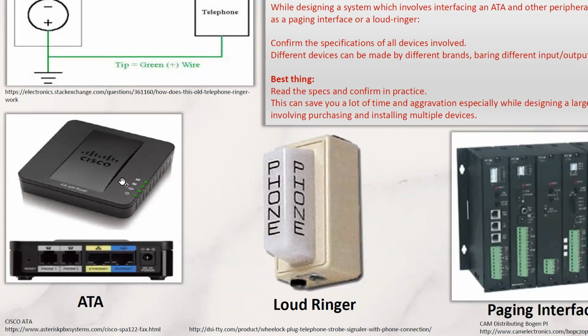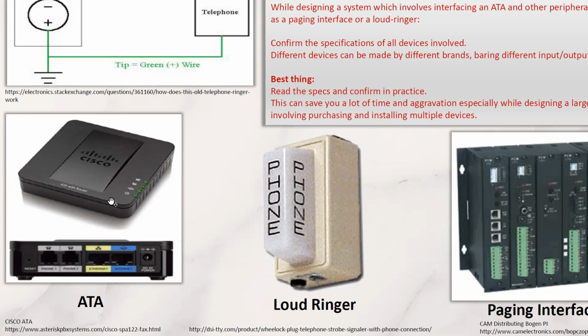The ATA adapter. What's an ATA adapter? An ATA adapter is a device that on one side has a connection to whatever the system is. So the ATA adapters are made specifically for the system that they're supposed to work with. And on the other side, the other input-output, another outlet, it will be POTS.